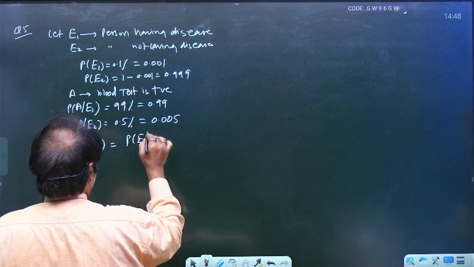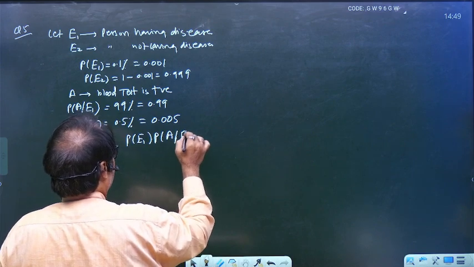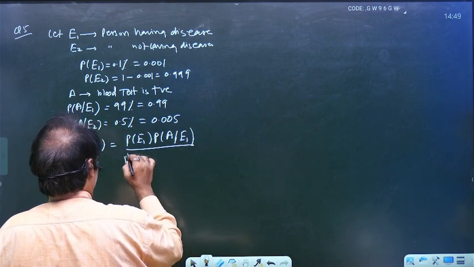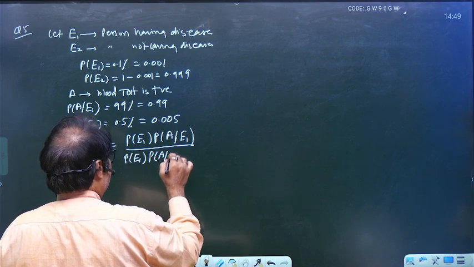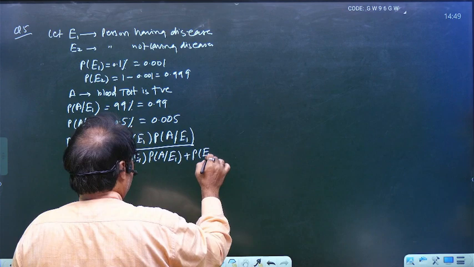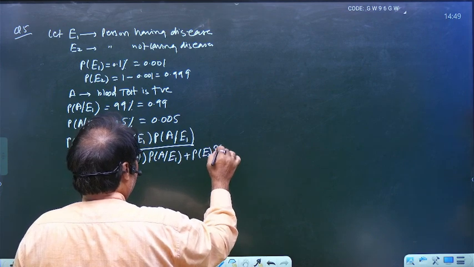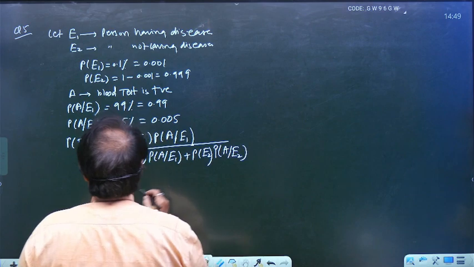Probability of E1 into probability of A by E1, divided by probability of E1 into probability of A by E1 plus probability of E2 into probability of A by E2, and put all the values.